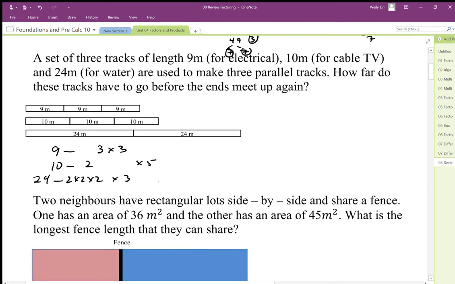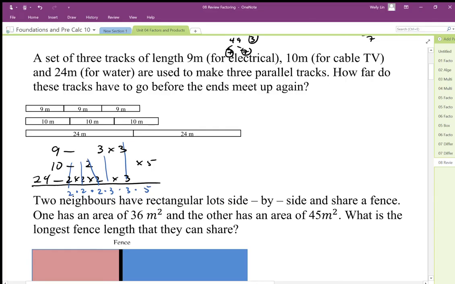And to work out the lowest common multiple, we can just take one of the common factors. So we have 2, 2, one of these 2's, 3, one of these 3's, times 5.